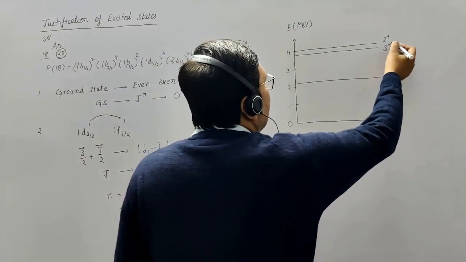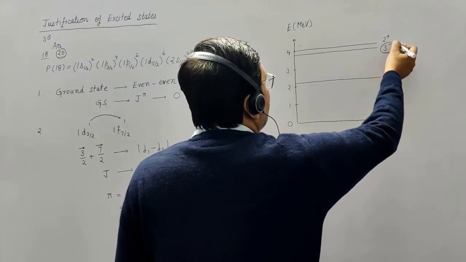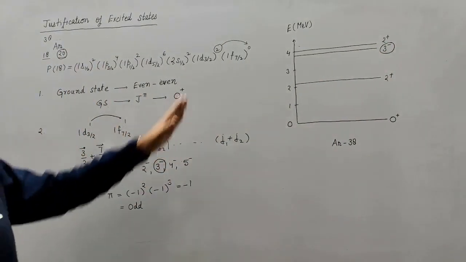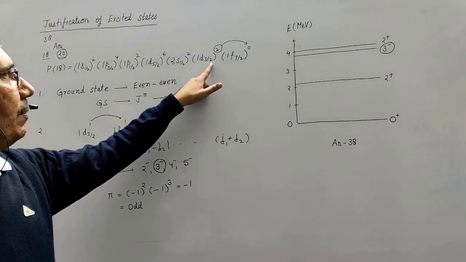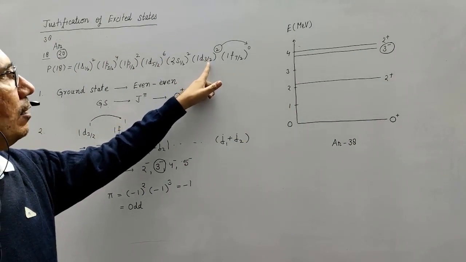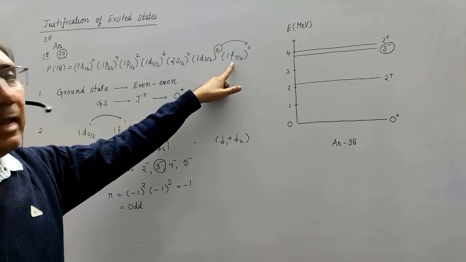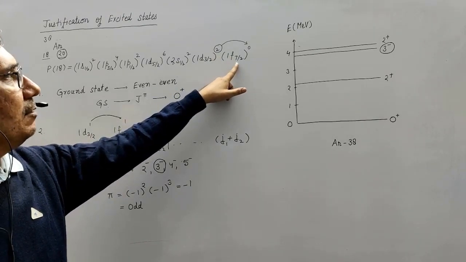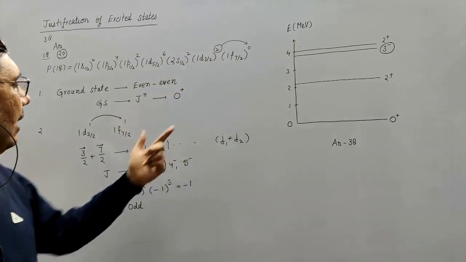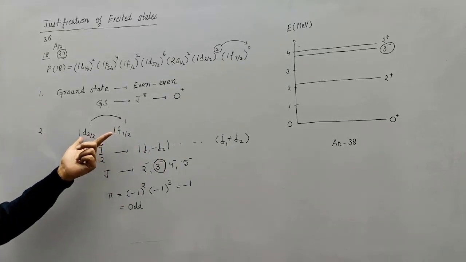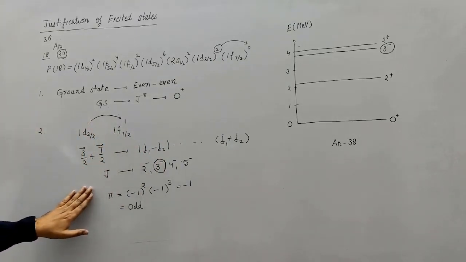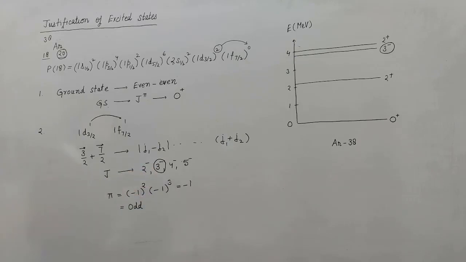One can explain the presence of this 3 minus if one considers that this pair of protons breaks up and one of the protons jumps to the next energy subcell 1f7/2, then we will have two unpaired protons, and these two unpaired protons will give us this 3 minus state. In this way, one can explain this 3 minus state.